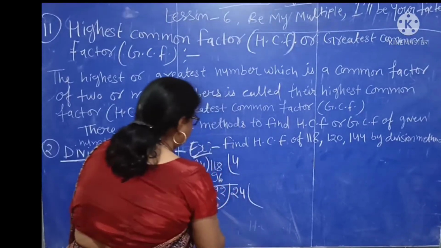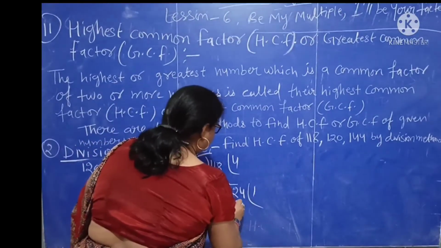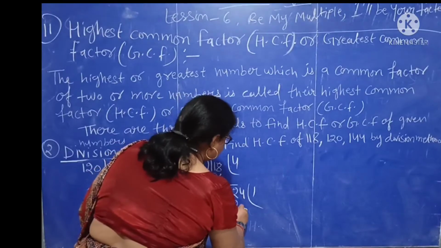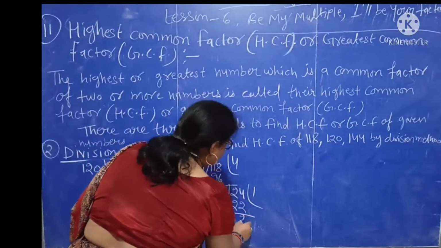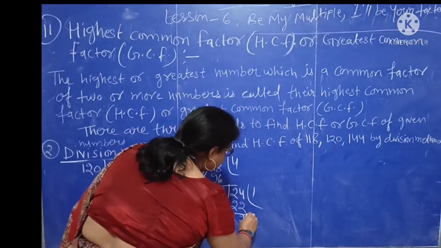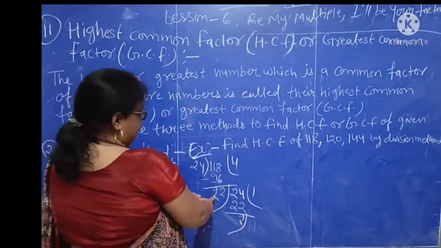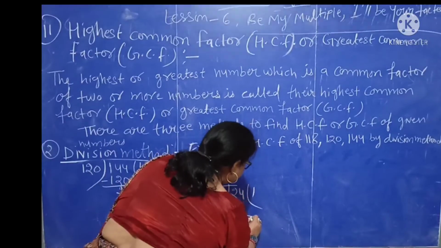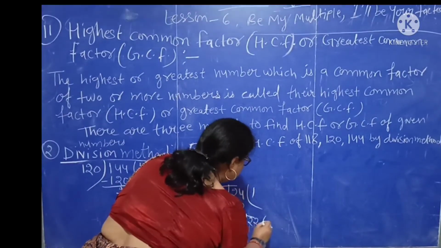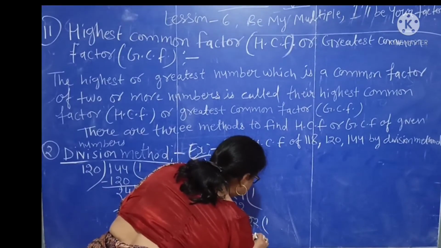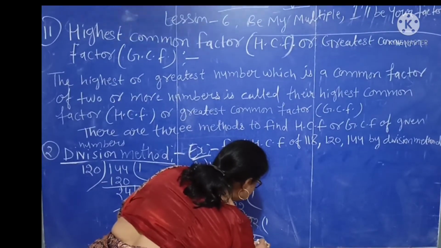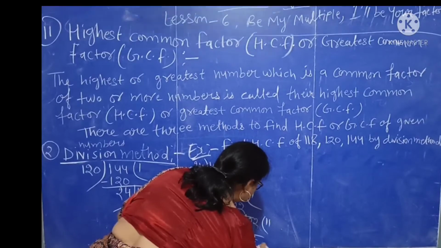Here is 24. 24, 1 22s are 22. So here is remainder 2. Now this remainder will become the divisor and this divisor will become the dividend. So 2, 1 2s are 2, and here is 2.